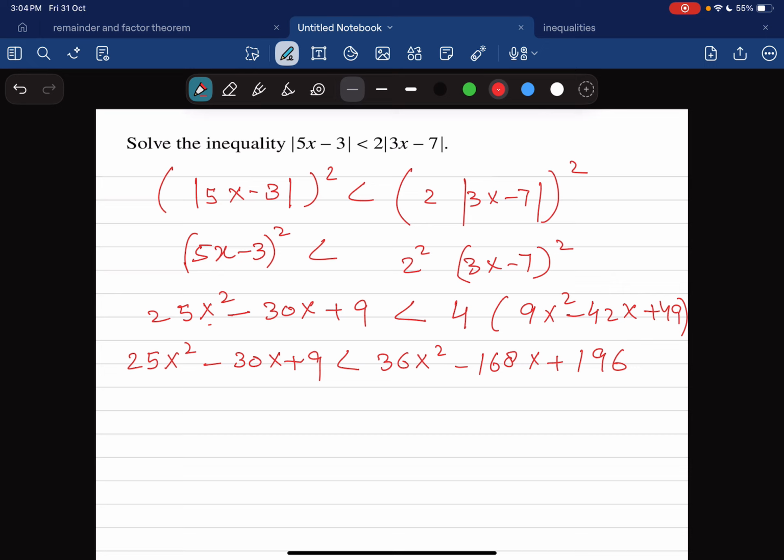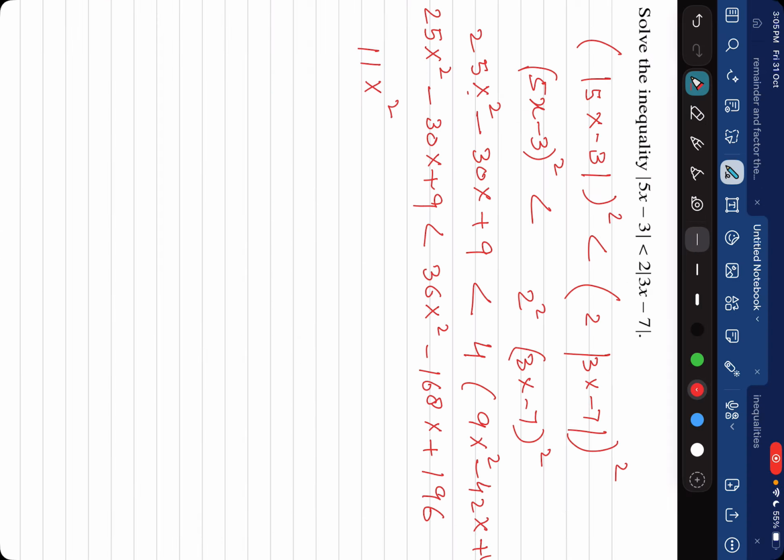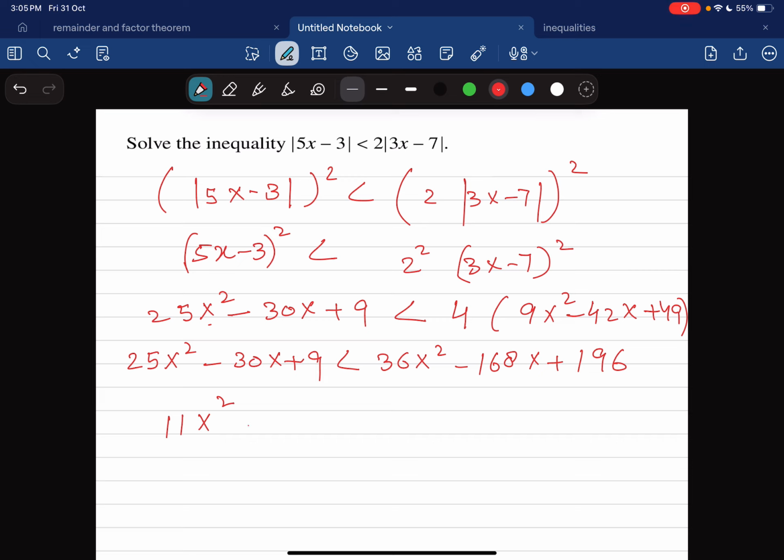Then we take the left side and subtract it from the right side. So 36x squared minus 25x squared gives 11x squared, minus 168 plus 30x, minus 138x, and 196 minus 9 gives plus 187.